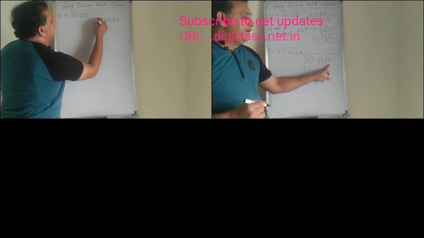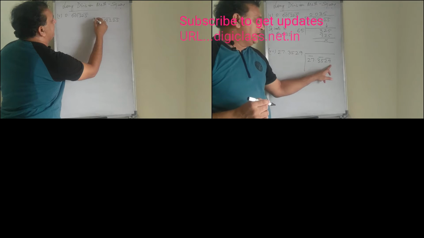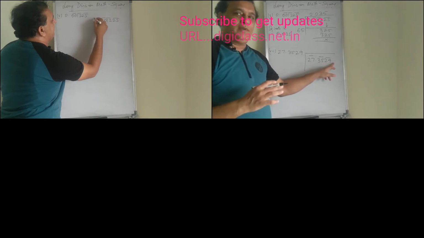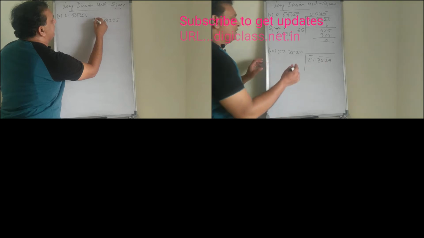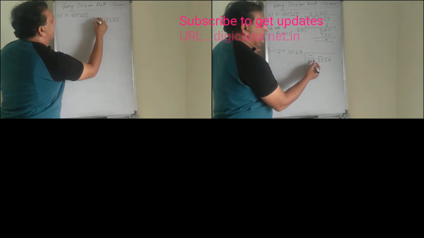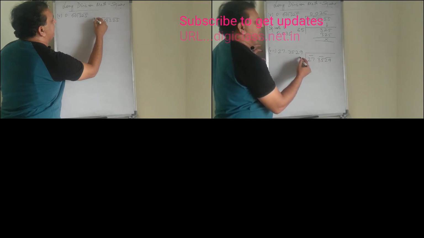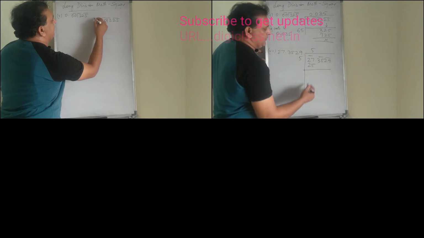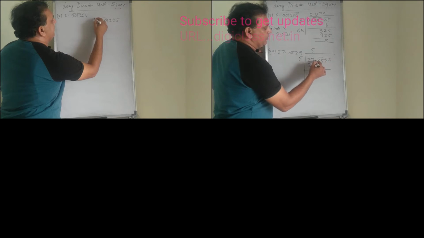If there are an odd number of digits after the decimal, this question may be coming to your mind: can we take these two? No, we just add 0 at the end to make it even. Okay. So 27, 5 5s are 25. It's the first. 2 remainder. Now we are taking after the decimal, so we have to place a decimal here.